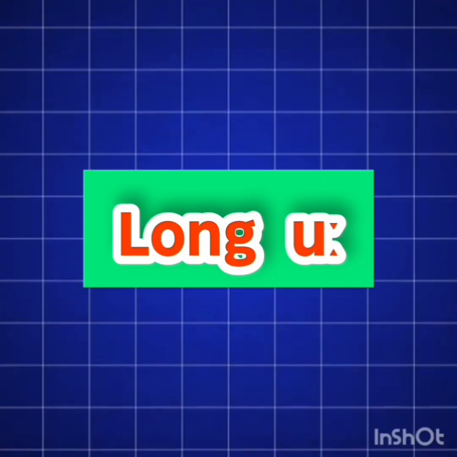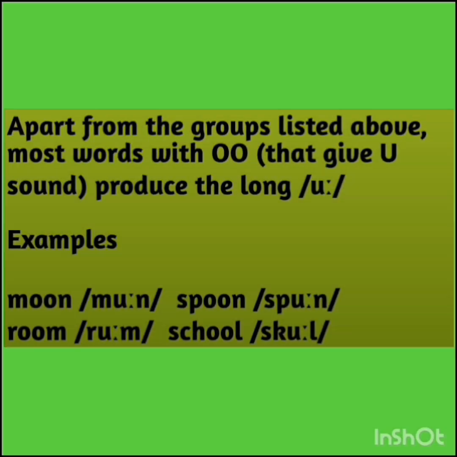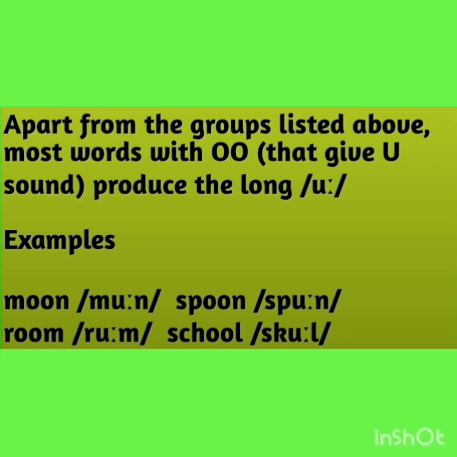All the rest of the digraph OO that give the U sound, I am not talking of blood right now. We have OO in blood, but it does not give the U sound, it gives the sound O instead, like in Welsh and carrot. We are coming to that. But all OO that give the U sound and are not part of the above mentioned are long U. That is where we have examples like moon, spoon, room, school, and so on.